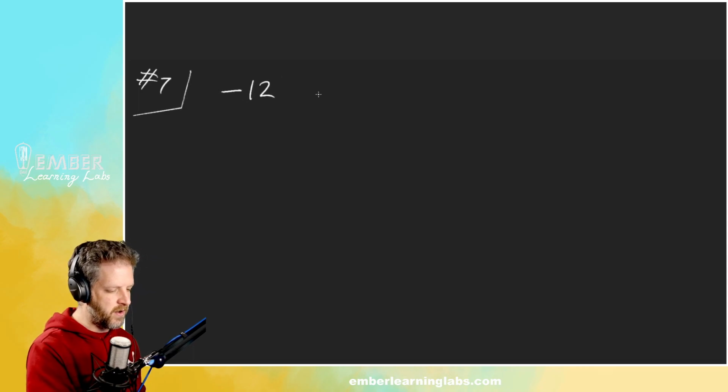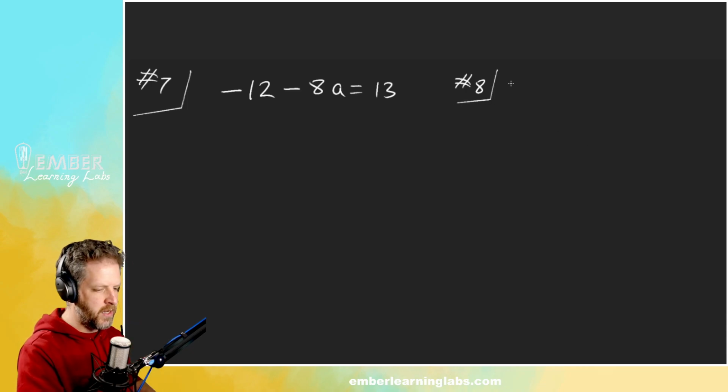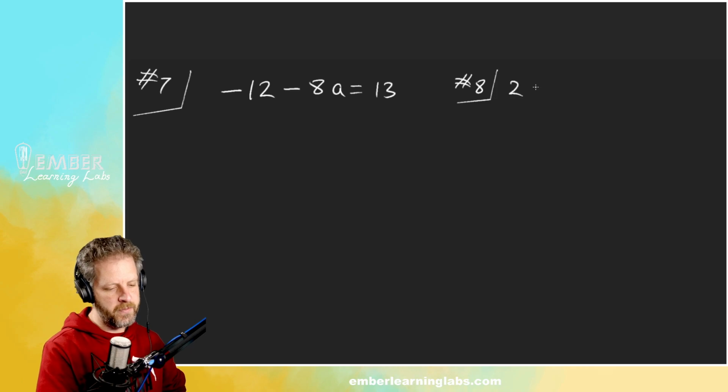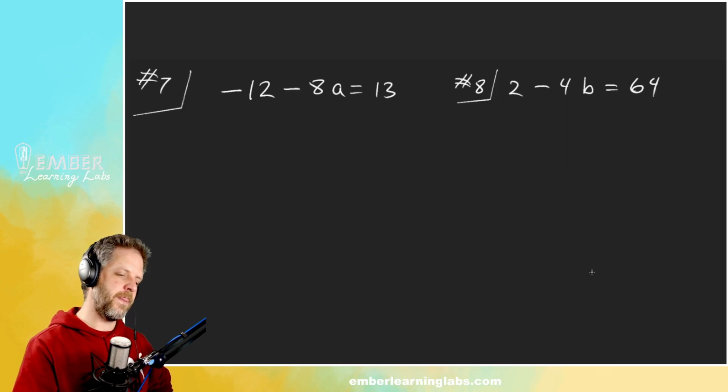Negative 12 minus 8A equals 13. And GP number 8 is going to be positive 2 minus 4B equals 64. Ready, go.